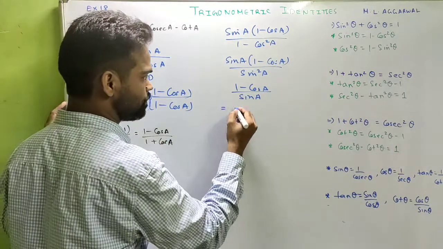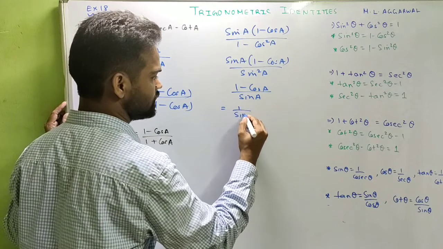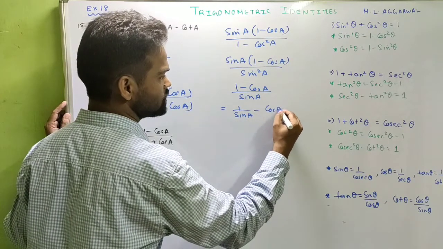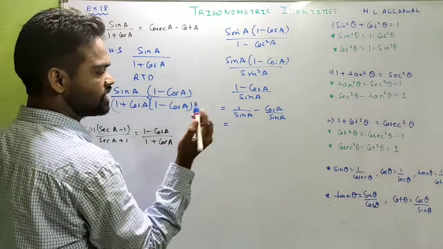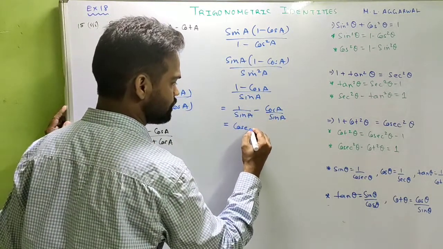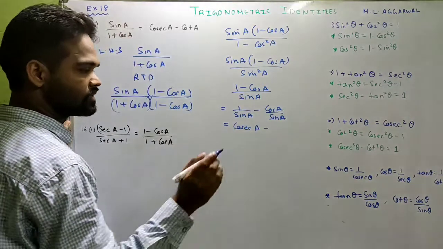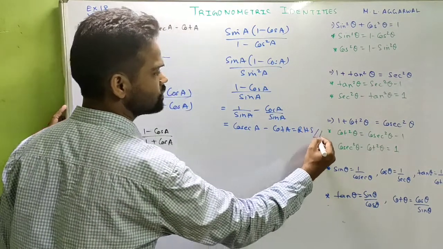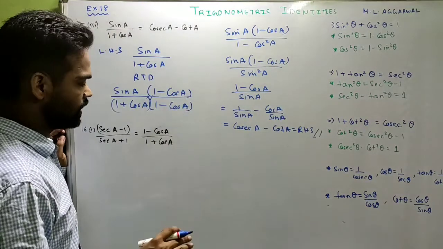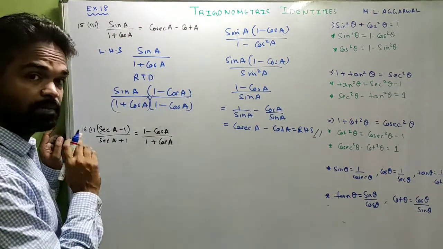Now look, can I split this as 1 by sine A minus cos A by sine A, which, if you look carefully, 1 by sine is cosec A and cos by sine is nothing but cot A, and that is equal to RHS. Proved. Done. Now let us see 16 part 1.